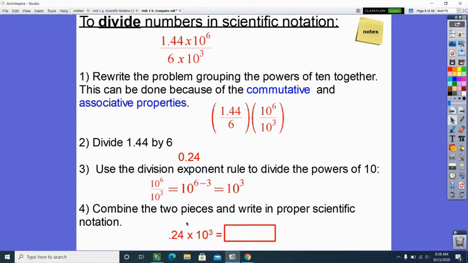It's not in proper scientific notation. I'm going to wrap that decimal around the 2. And when I do that, the number in front's getting bigger by 1 power of 10. See it? We're going up a power of 10 here. So we need to compensate, go the opposite there. And there's your final quotient. Your final answer to a division problem would be 2.4 times 10 to the second.